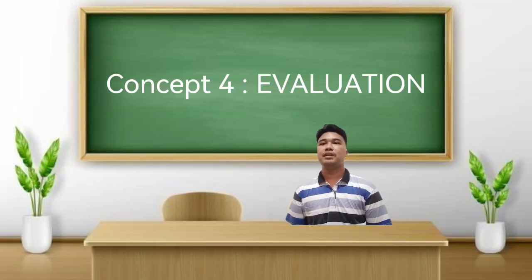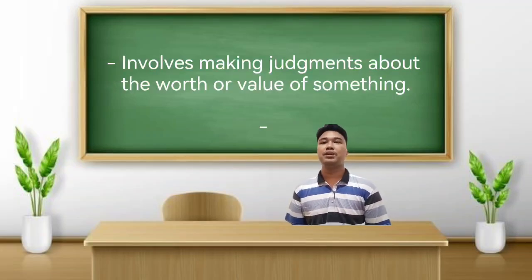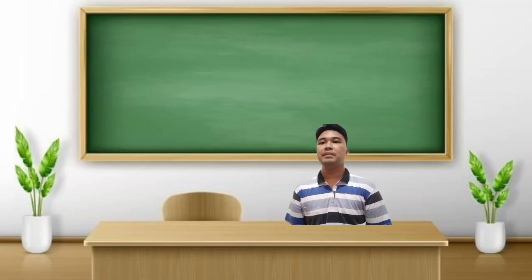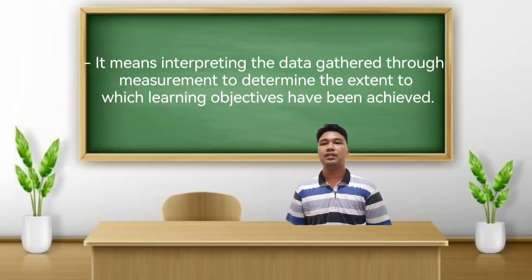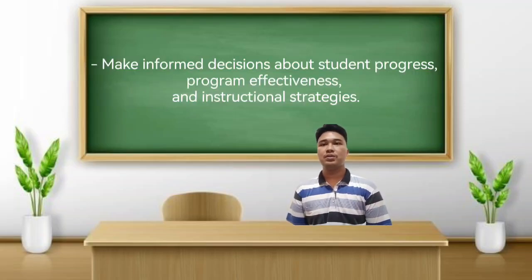The fourth concept is evaluation. Evaluation involves making judgments about the worth or value of something. In education, it means interpreting the data gathered through measurement to determine the extent to which learning objectives have been achieved. Its purpose is to make informed decisions about student progress, program effectiveness, and instructional strategies.